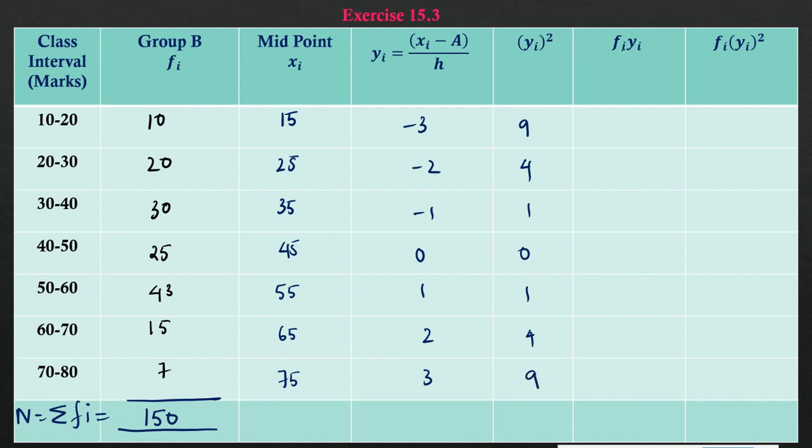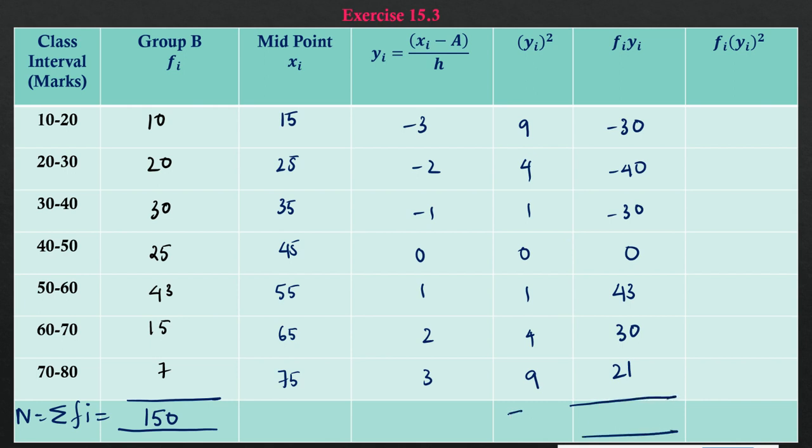Fi multiplied by yi, it is going to be 10 multiplied by minus 3, it is going to be minus 30. 20 multiplied by minus 2, it is going to be minus 40. 30 multiplied by minus 1 is going to be minus 30. Here it is going to be equal to 0. Next, I will be getting this as 43 multiplied by 1 is 43. 15 multiplied by 2 is 30. 7 multiplied by 3 is going to be 21.